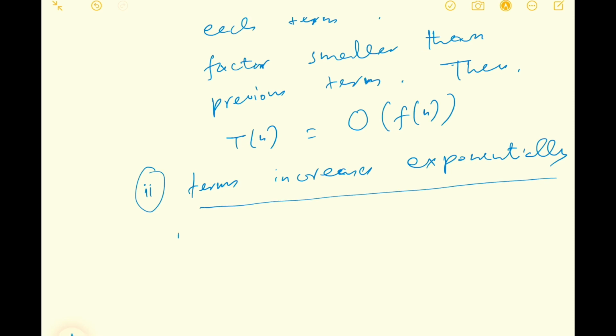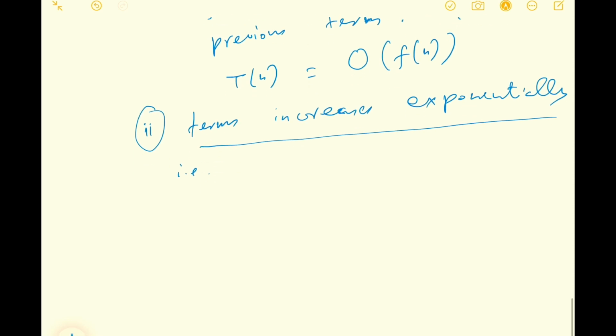That means each term is a constant factor larger than the previous term.